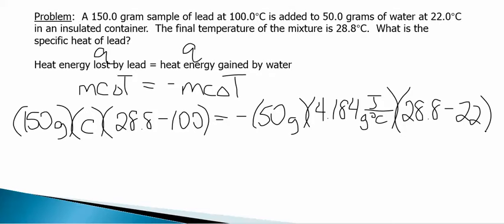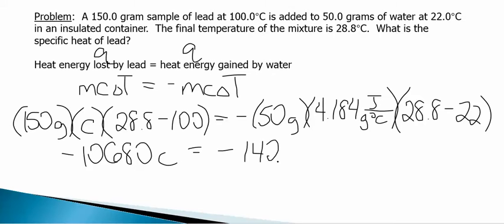So we'll simplify this. We're going to get a negative on the left side over here. So negative 10,680 times C equals, will also come out negative on the right side. I'm just excluding units.